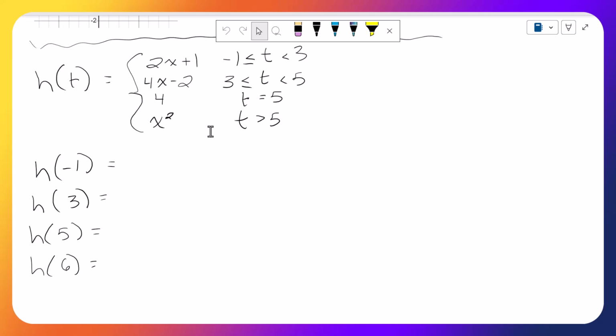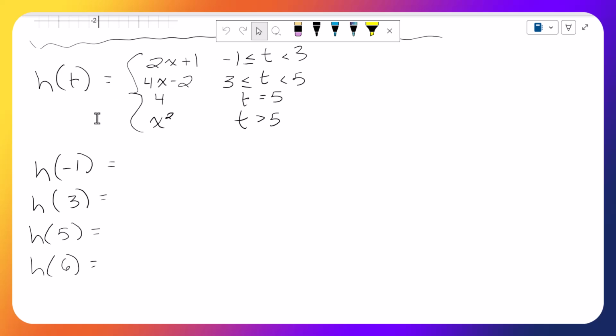So we have h of negative 1. And if we're evaluating this piecewise function, we need to look for where is our function defined? Where does our function have an input value of negative 1, in this case t? When does it have a t value of negative 1? Well, it has a t value of negative 1 here, because this is less than or equal to. So t can be equal to negative 1.